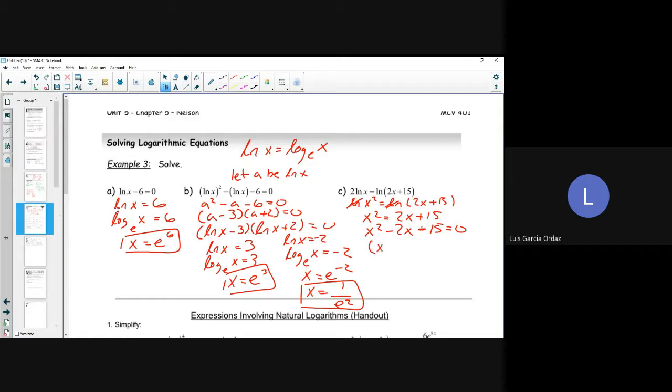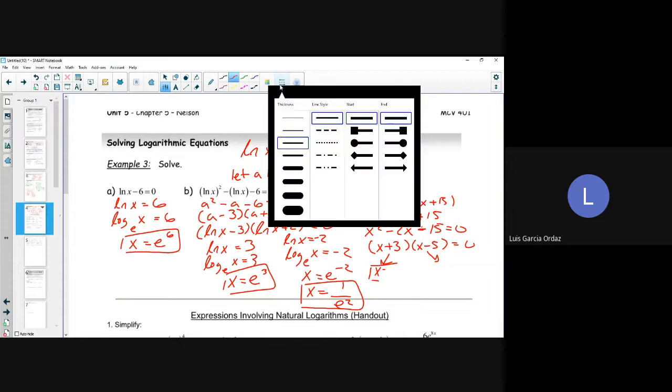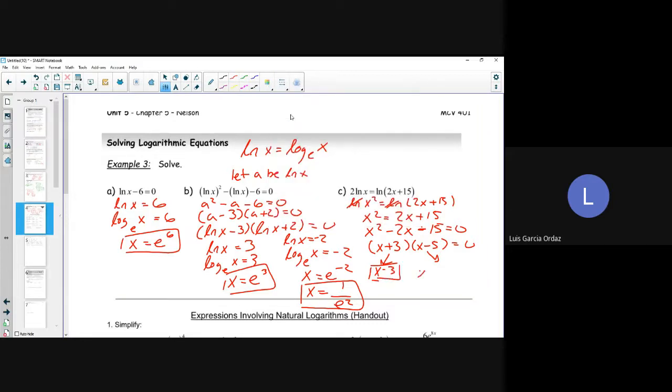You have x plus 3 times x minus 5 is equal to 0, which means my solutions are x is equal to negative 3, and x is equal to positive 5.